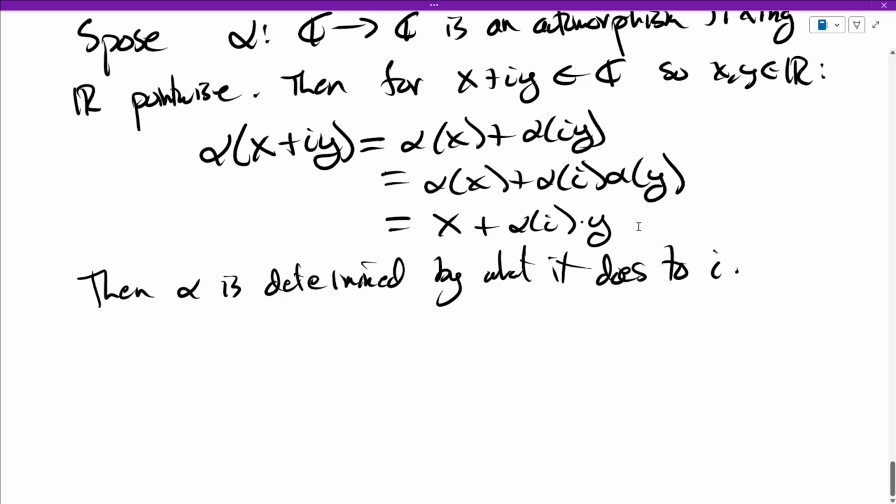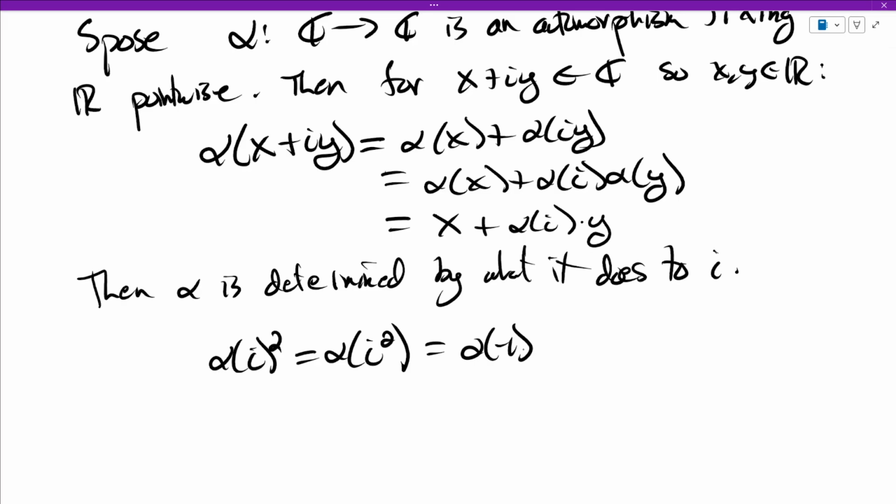We saw this before a while back, and it's coming back again now. Now we're going to play with the fact that we know the minimal polynomial of i, and that will give us ideas as to what it should do to i. So alpha of i squared is alpha of i, squared, which is alpha of -1. -1 is a real number, and alpha is supposed to fix all real numbers.